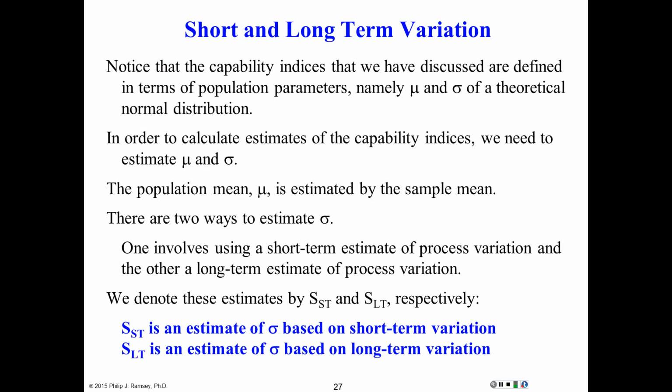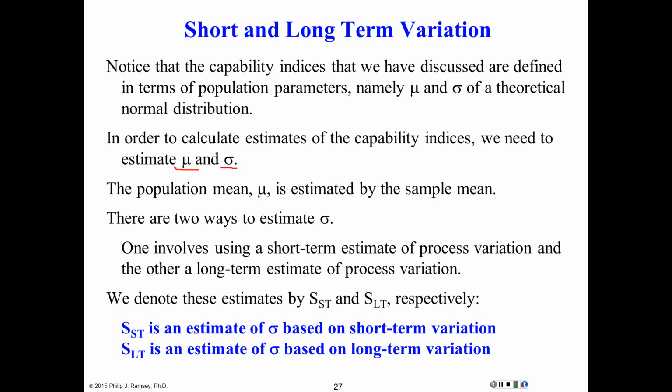So the problem, I've just shown you the theoretical formulas, and in them you saw the theoretical mean, mu, of the distribution and the theoretical standard deviation, sigma. These are parameters. We typically have no idea what the theoretical mean is or the theoretical standard deviation, so we have to estimate them. And this has historically led to some confusion as to how we assess or estimate the standard deviation.